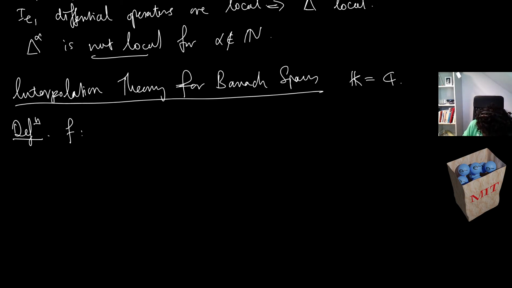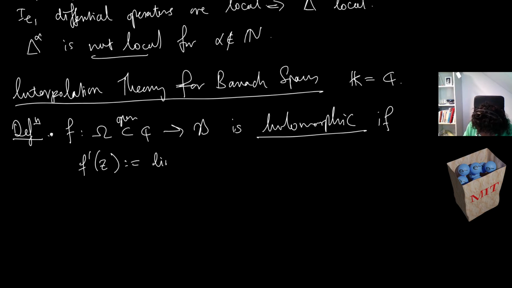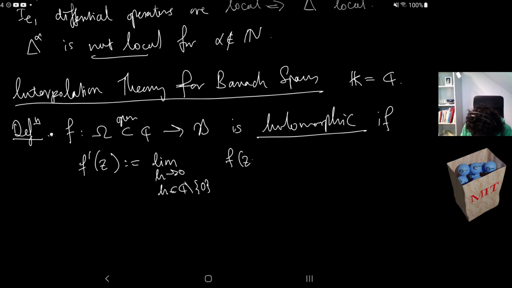A function f that takes me from an open subset of the complex plane into a Banach space B is holomorphic if the derivative at some point z is equal to the limit as h tends to 0, h a complex number outside of 0, such that, it's just what you expect, right?